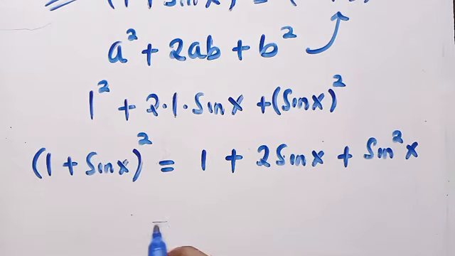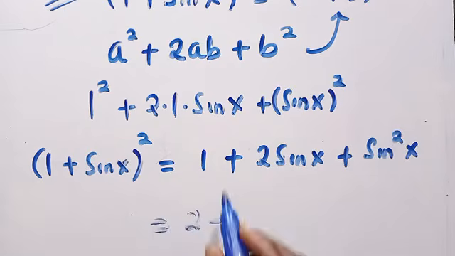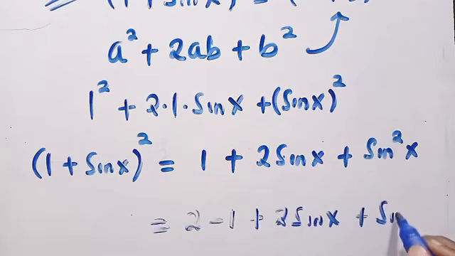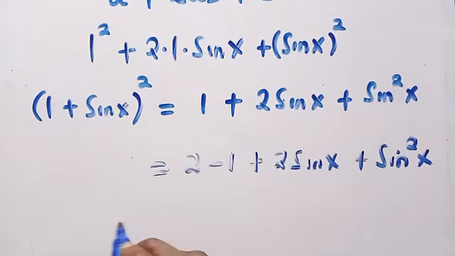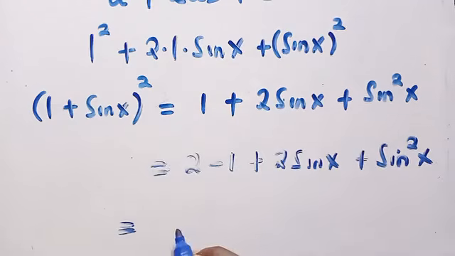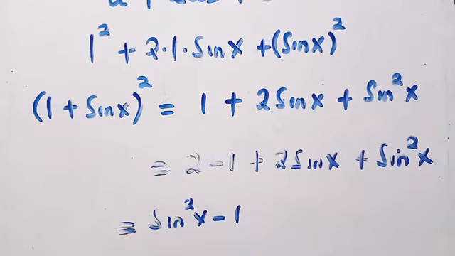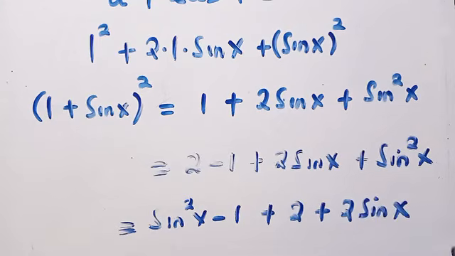By manipulating this, we can write the 1 as 2 minus 1. So 2 minus 1 gives us 1, then plus 2 sine x plus sine squared x. If I combine minus 1 with sine squared x, we have sine squared x minus 1, then plus 2 plus 2 sine x.